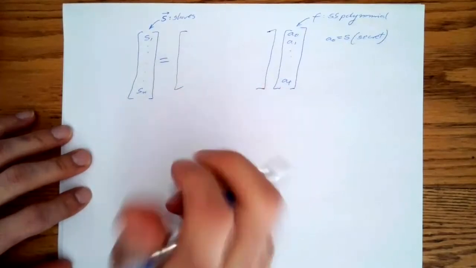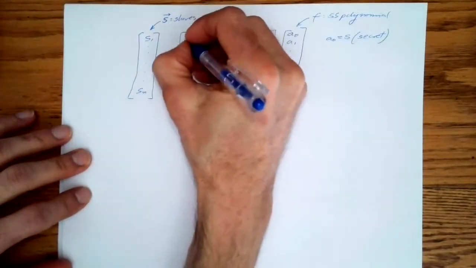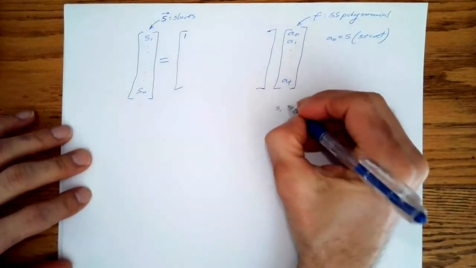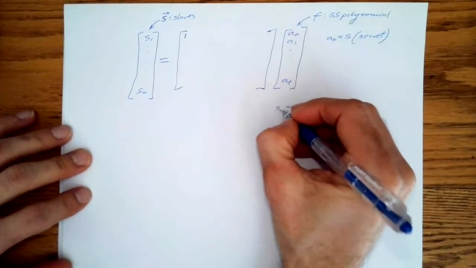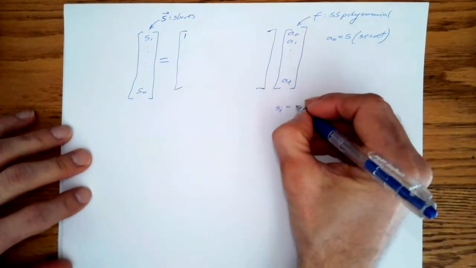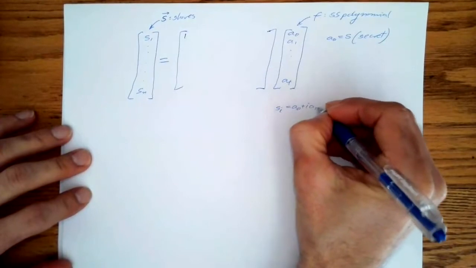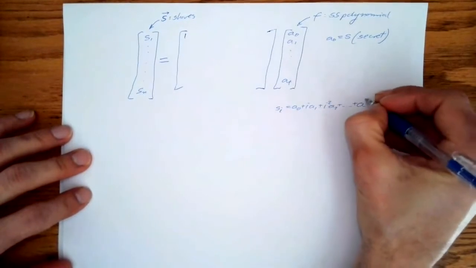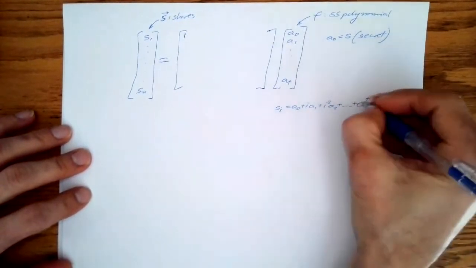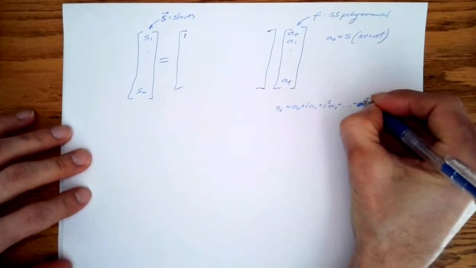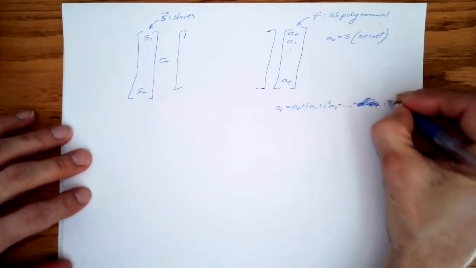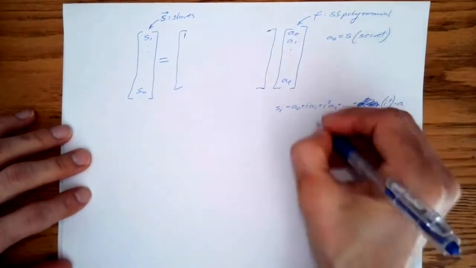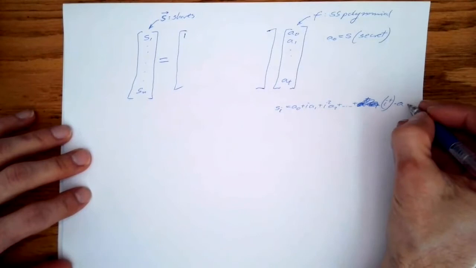Okay, so what's the matrix here? It looks like this, right? S_i in general is A0 plus i A1 plus i squared A2 plus dot dot dot, plus i to the t A_t. Sorry, i to the t is not a coefficient.